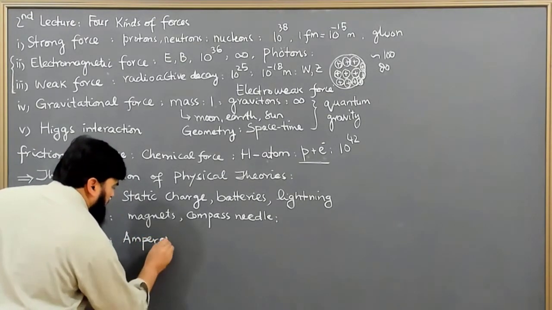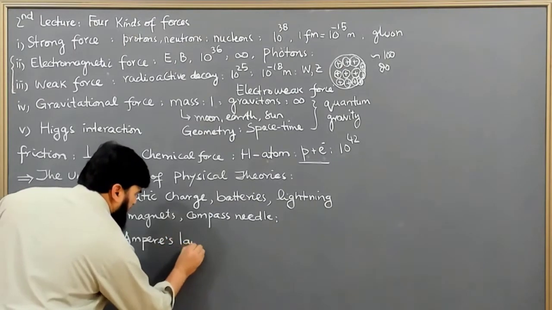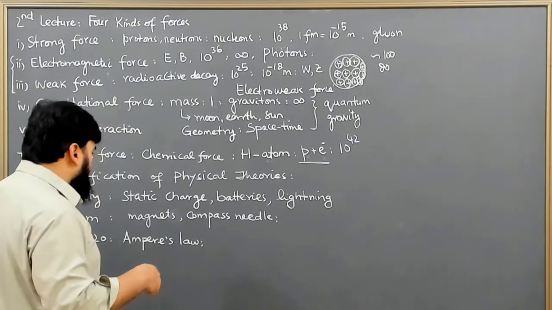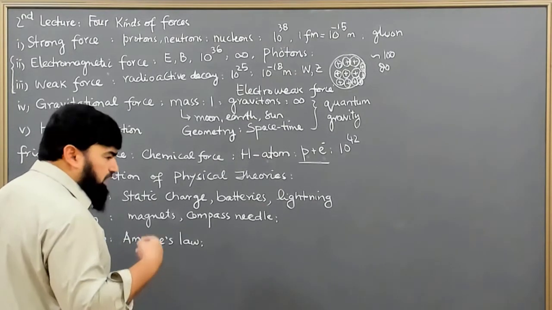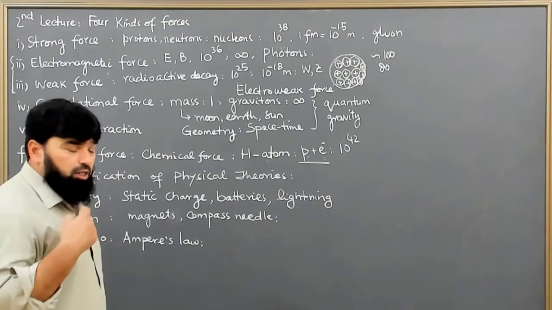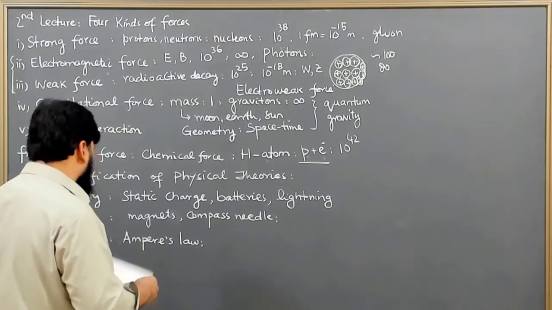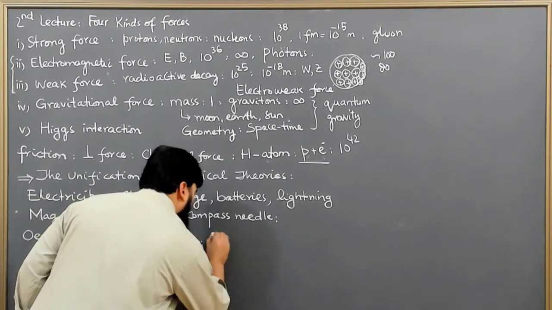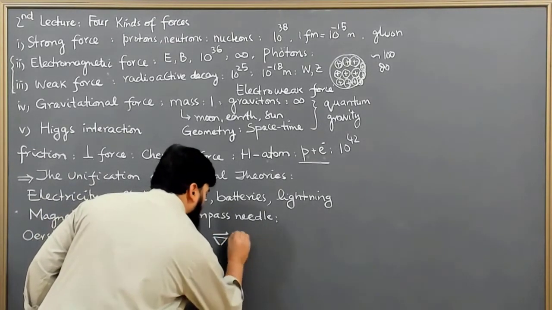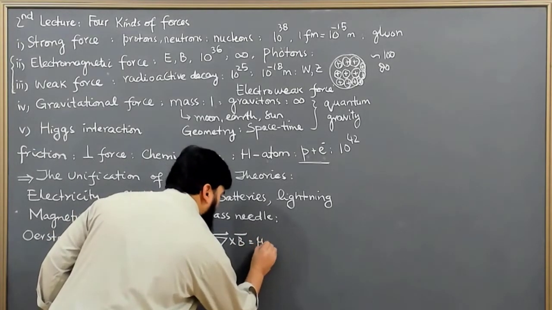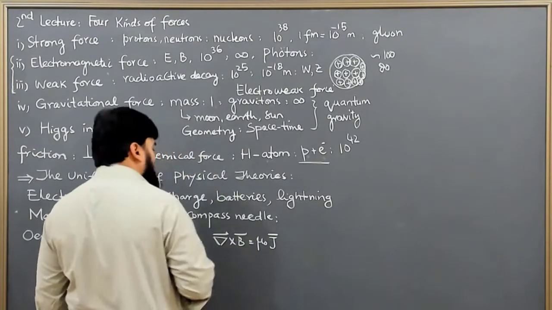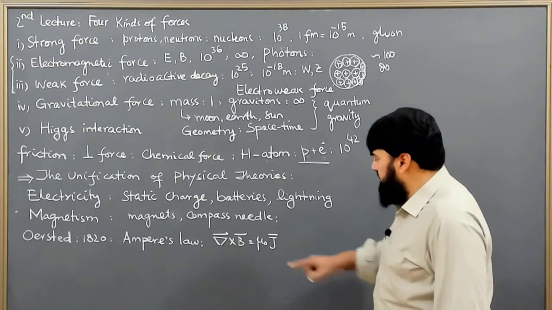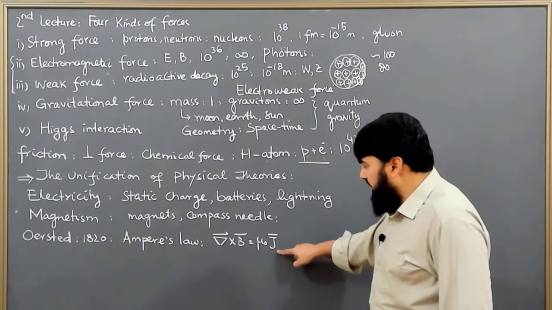The one that we know is Ampere's law. It was formulated that the moving charge, or the current, generates a varying magnetic field, and it was formulated as del cross B equals mu naught J, where J is the electric current density, the current per unit cross-sectional area.